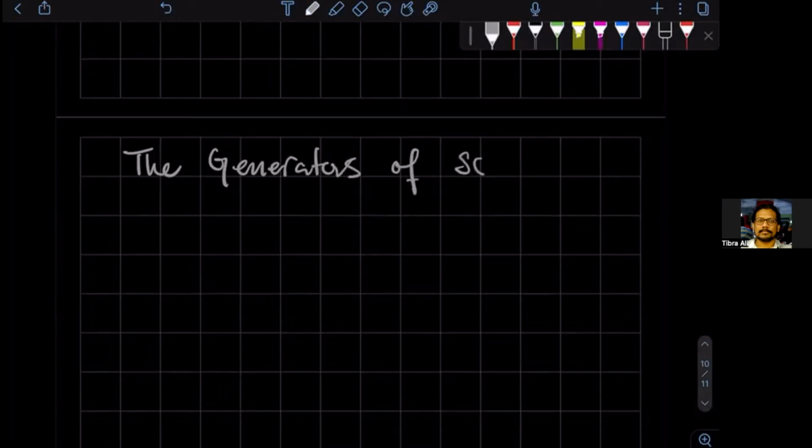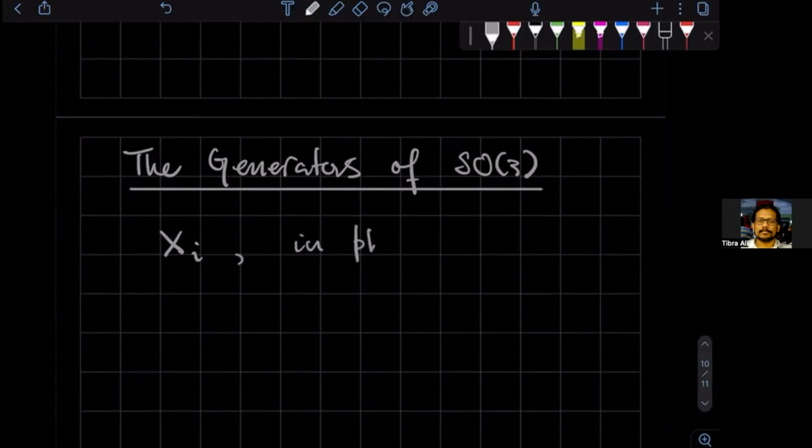Okay, so the generators of SO3. We call them Xi. In physics, and eventually that's the convention that we'll follow, we use Ji, which are defined to be i times Xi, as the generators.